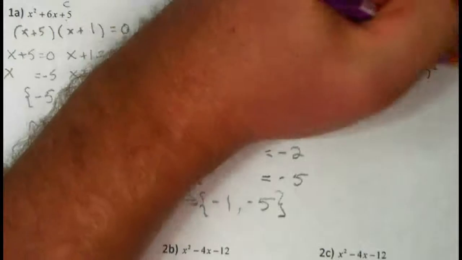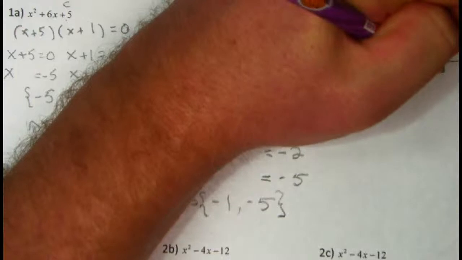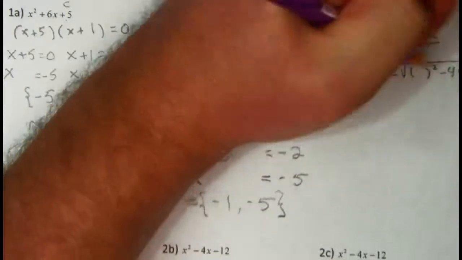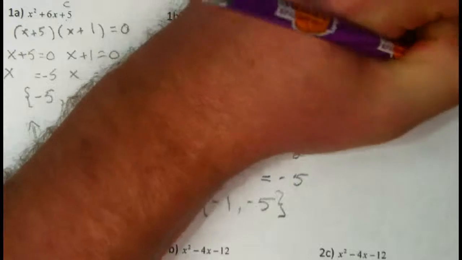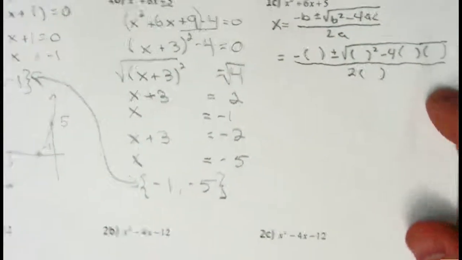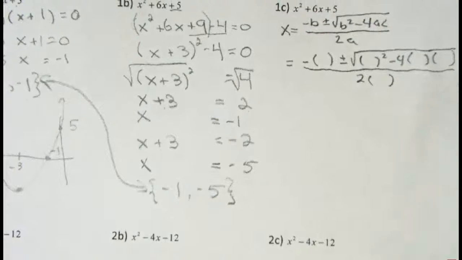So negative parentheses plus or minus square root. Just like so. Okay.